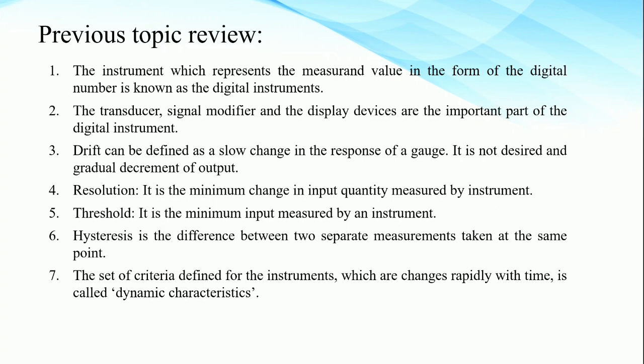Then there is resolution, which is the minimum change in input quantity, and threshold, which is the minimum input measured by an instrument. Then there is hysteresis, which is the difference between two separate measurements taken at the same point, and there are some dynamic characteristics. We covered all of these points in our previous video.